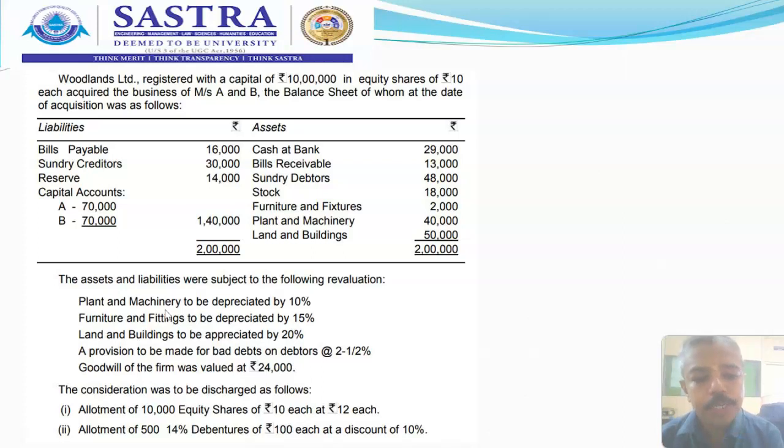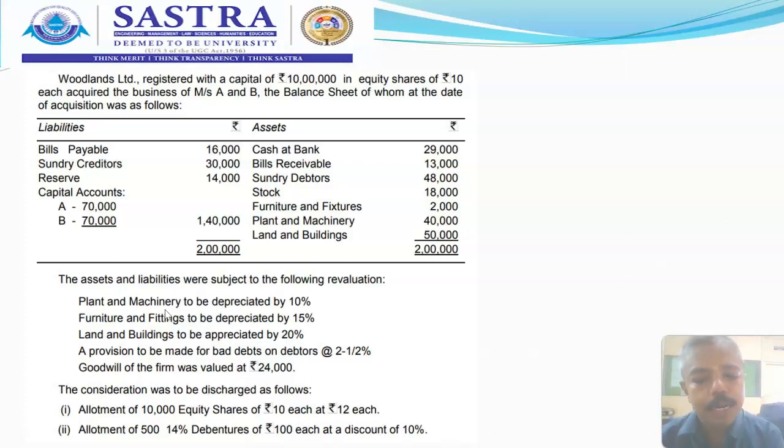And the considerations, please make a note. The allotment of 10,000 equity shares of rupees 10 each, which is the face value, but it is issued at a premium, which means they are paying rupees 12. They are issuing the shares at rupees 12, which means it is at a premium of rupees 2.